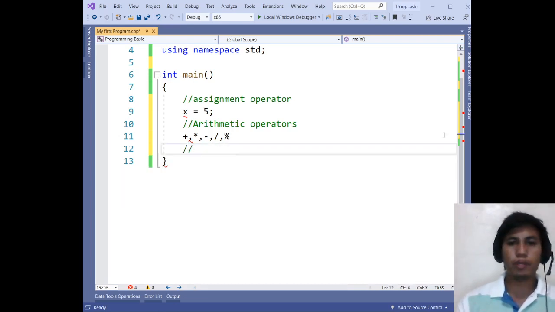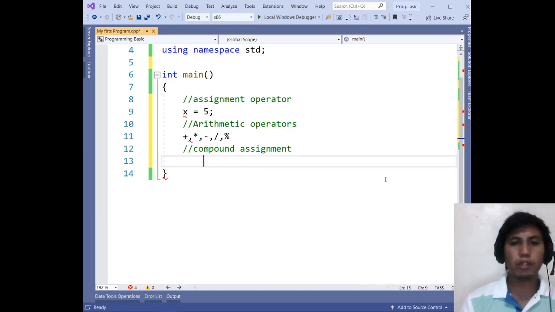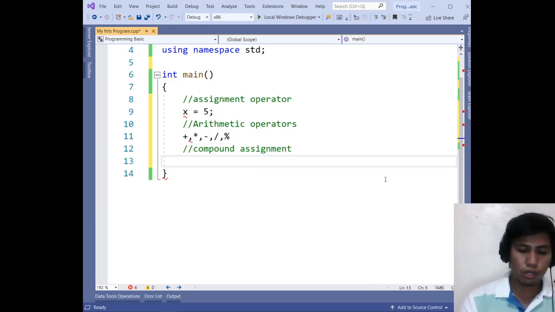Then we also have compound assignment. So compound assignment includes plus equals. We also have minus equals.